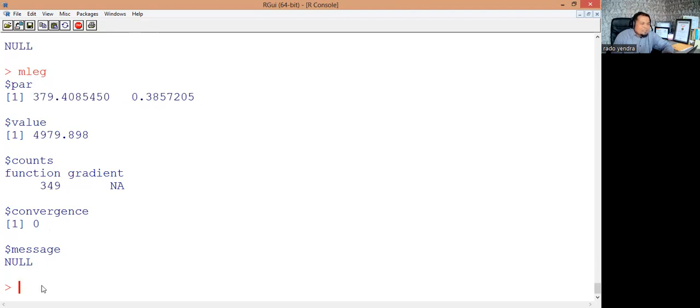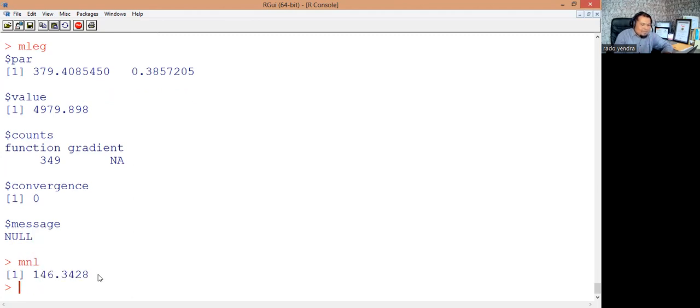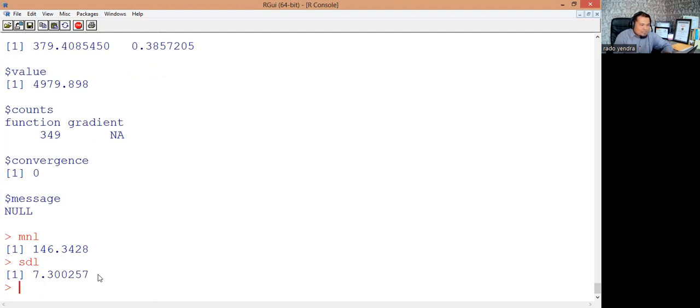For the normal parameters, we just type MNL. This is the parameter for the mean of the normal, and SGL for the standard deviation.